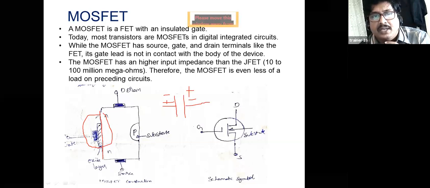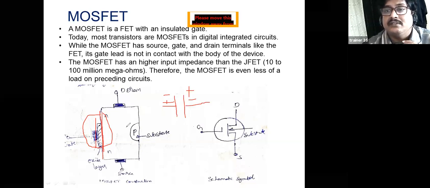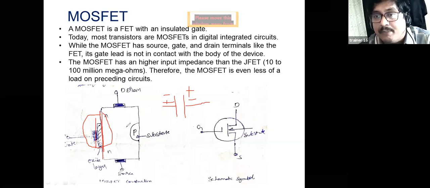The gate is one plate, and the N channel is another plate. In between these two, the dielectric is there, that is the silicon dioxide. So it acts as a capacitor. It is two plates, and in between, the dielectric, silicon dioxide, the metal oxide layer is there. So it acts as a capacitor. Now you got the clear idea, right?